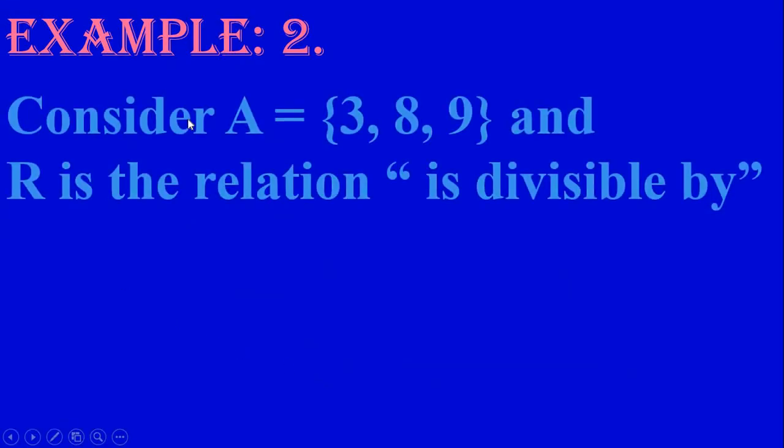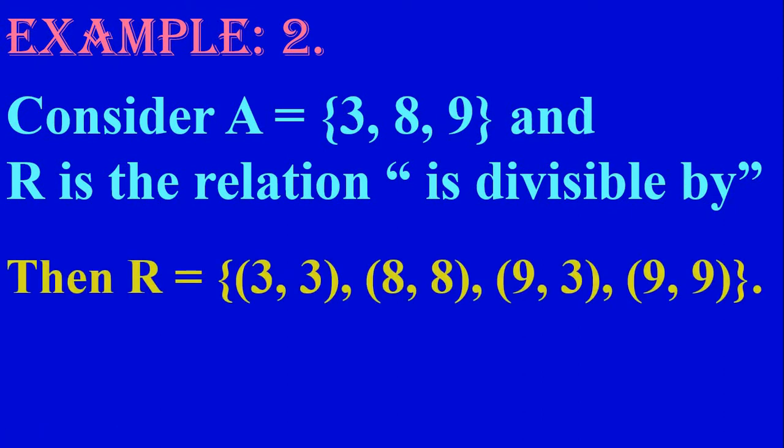So consider example 2. Now consider A equal to {3, 8, 9} and the relation is divisible by. So here the relation is divisible by in A only. Here 3 is divisible by 3, 8 is divisible by 8, 9 is divisible by 3 and 9 is divisible by 9 also.